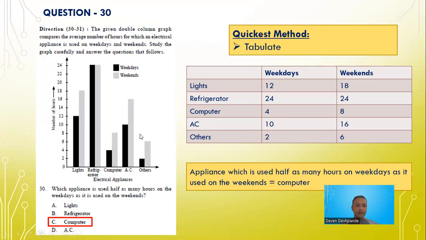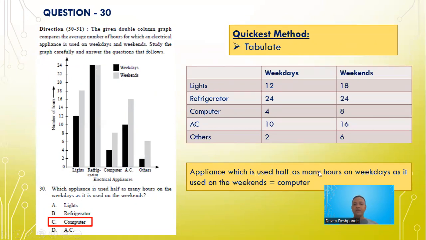So lights on weekdays 12, on weekends 18, refrigerator 24, again 24, computer on weekdays 4, computer on weekends 8, AC it will be 10 and this is 16, and others are 2 and this is 6, isn't it?